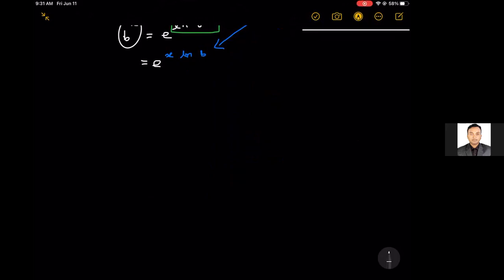We have seen the power rule. We have seen the product rule, the quotient rule, right? The chain rule, of course. And now we want to see what happens if we have a logarithmic function, if we have an exponential function, okay?